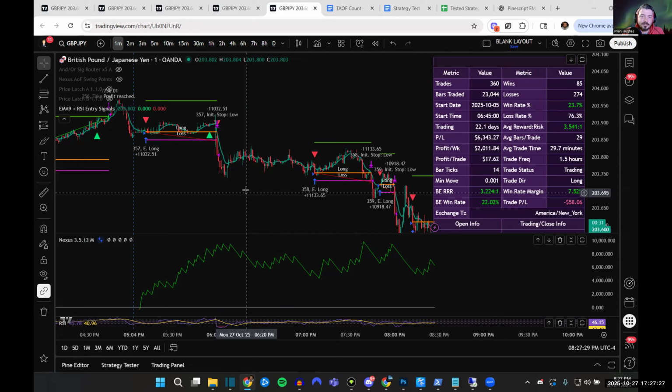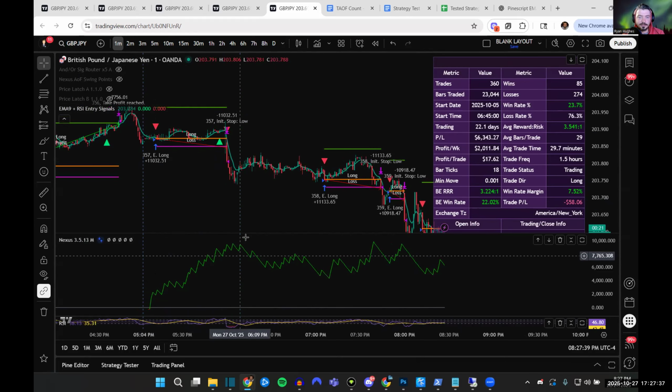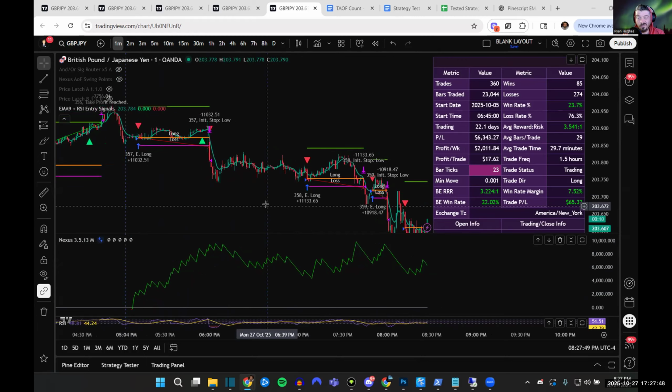So just bear in mind when you're looking at a strategy like this, especially on a very low time frame, when you look at an equity curve like this, something like this probably isn't that abnormal, but it also doesn't necessarily mean that it's going to continue to be a profitable strategy in the long run.